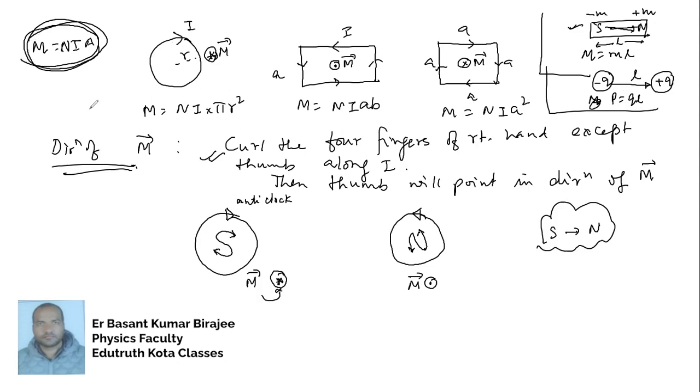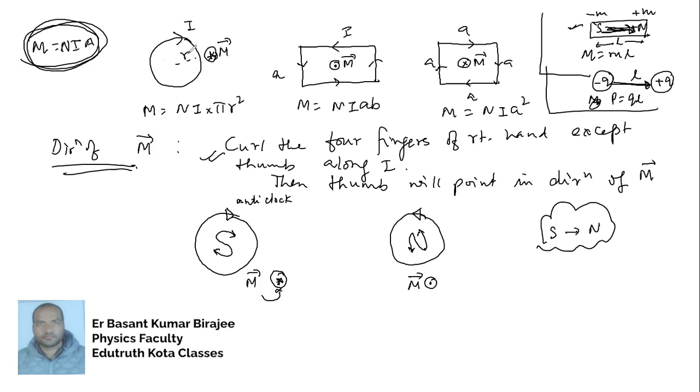Regarding direction, in a bar magnet we said the direction is from south pole to north pole. In an electric dipole, we said from negative charge to positive charge. Here, in a current carrying loop, the direction is found by the right hand rule.